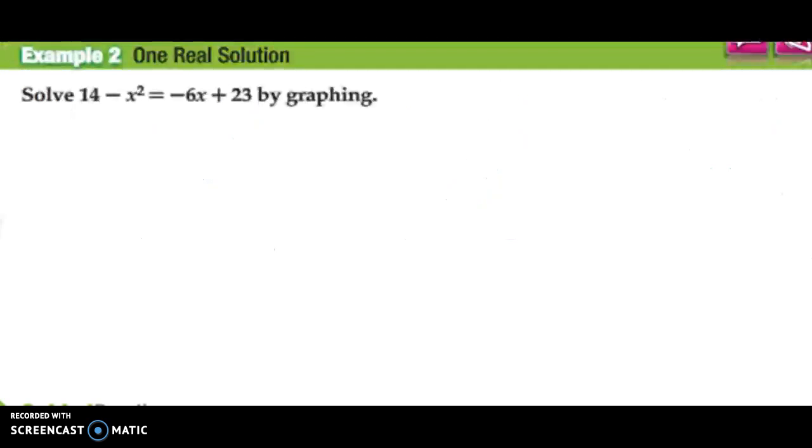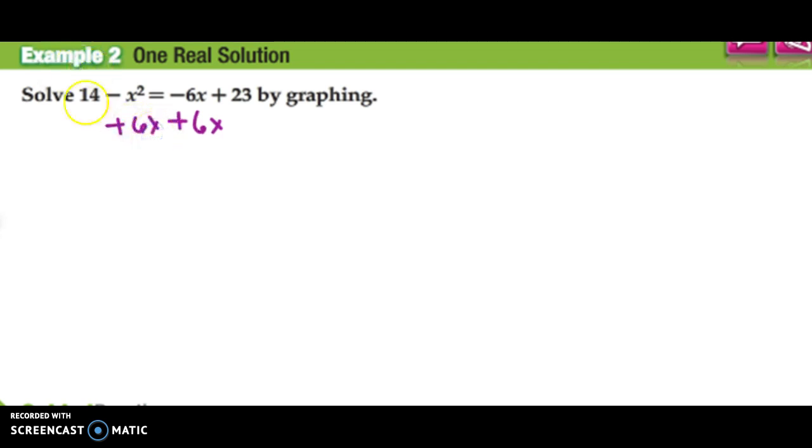Now, example 2 says to solve 14 minus x squared equals negative 6x plus 23 by graphing. So if I want to graph it, I have to first get it into standard form where it's equal to 0. So I'm going to add 6x to both sides.